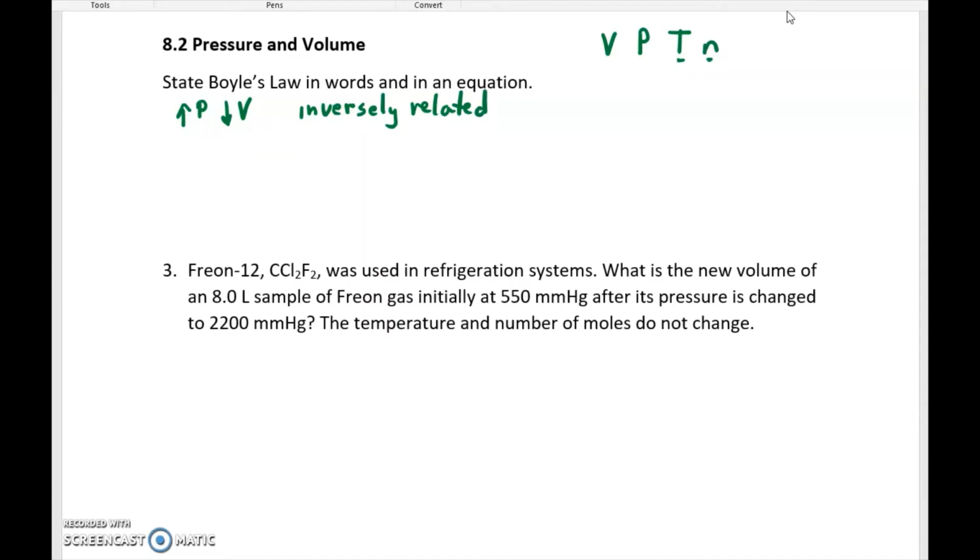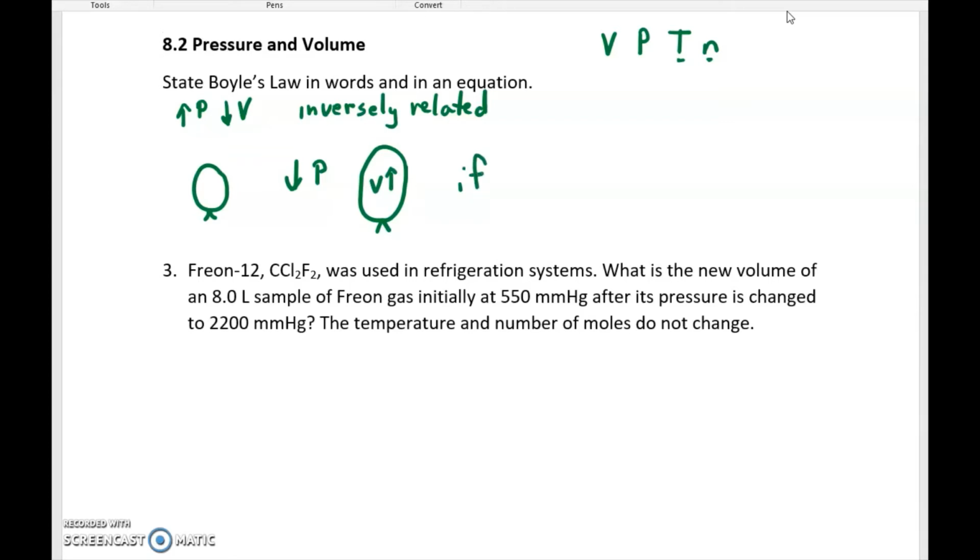So if I have a balloon and it's at a pressure, if I decrease the pressure, the balloon will get larger. The volume increases.